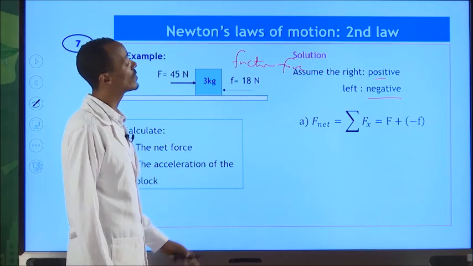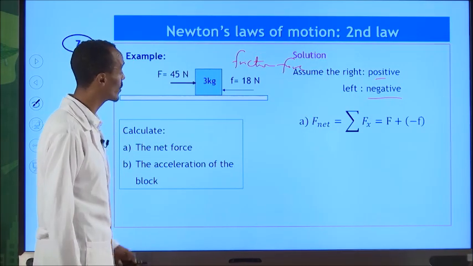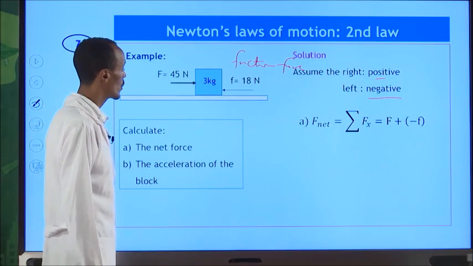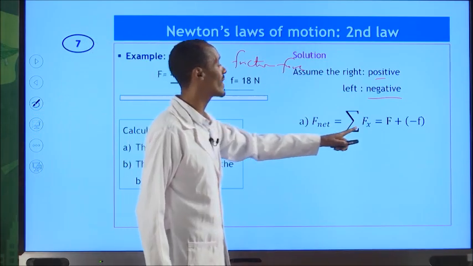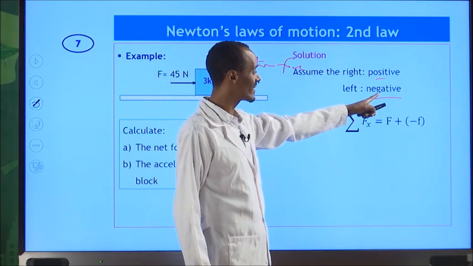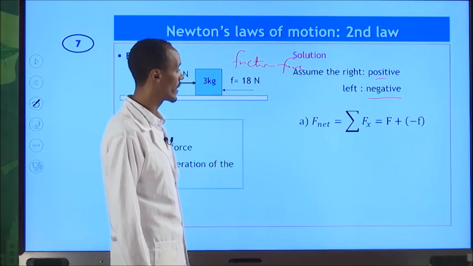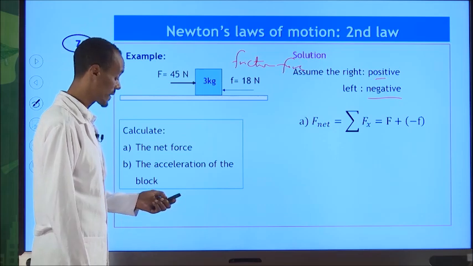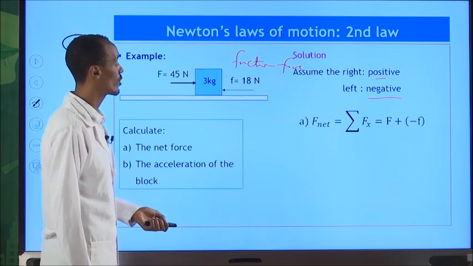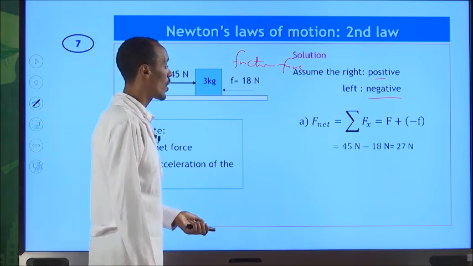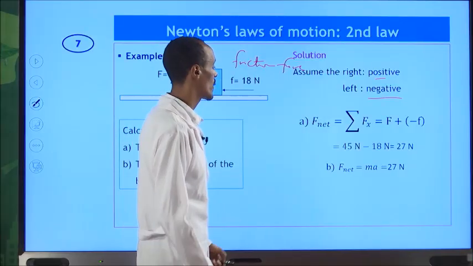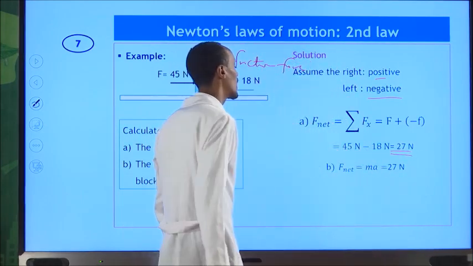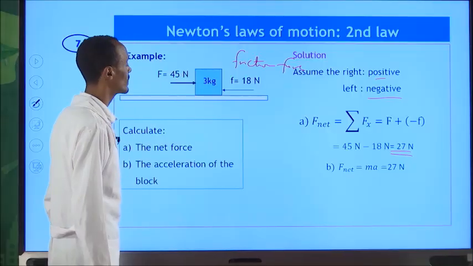So we are interested in the net force on the x direction because the motion is along the x direction. So simply we substitute. I made this negative because I assigned the left direction to be negative, and the frictional force is always opposing the direction of motion of the body. Now we have the net force of 27 Newton acting on this body.